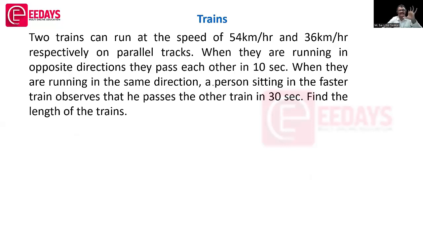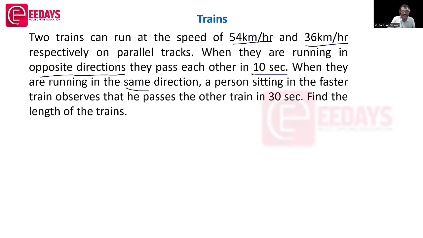The question looks very lengthy here. If we think carefully, it will be very easy for us. Two trains run at a speed of 54 kilometers per hour and 36 kilometers per hour respectively on parallel lines. When they are running in the opposite direction, they pass each other in 10 seconds.